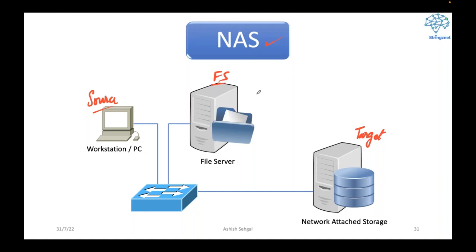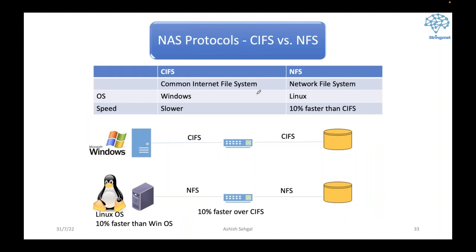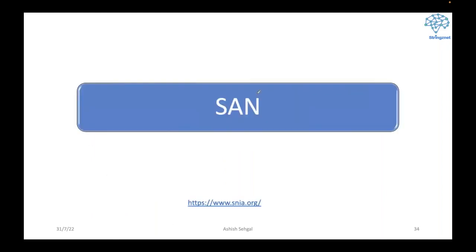Very popular, still popular to be used. Various operating system vendors have their own means of providing this with the help of their own self-developed protocols, like Windows and Linux, which have their own network attached storage protocols. All right, we will be talking about it.